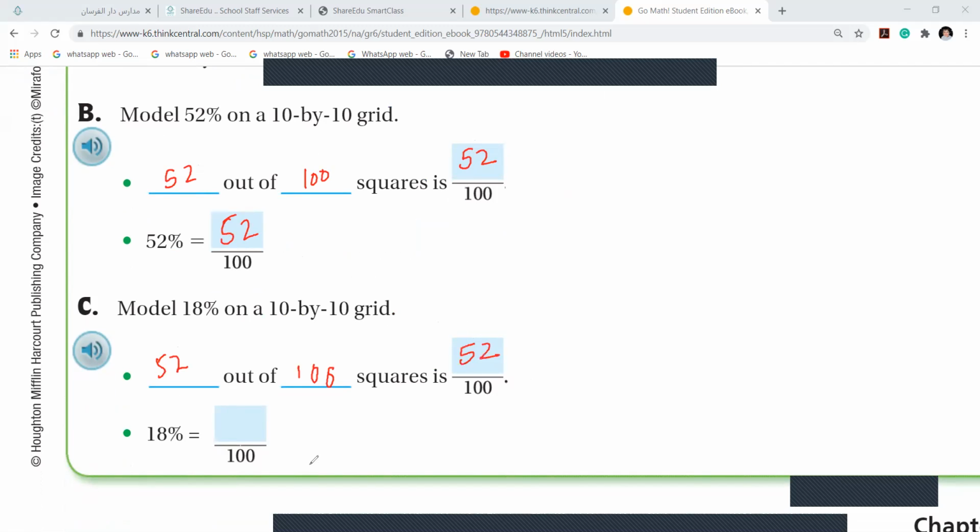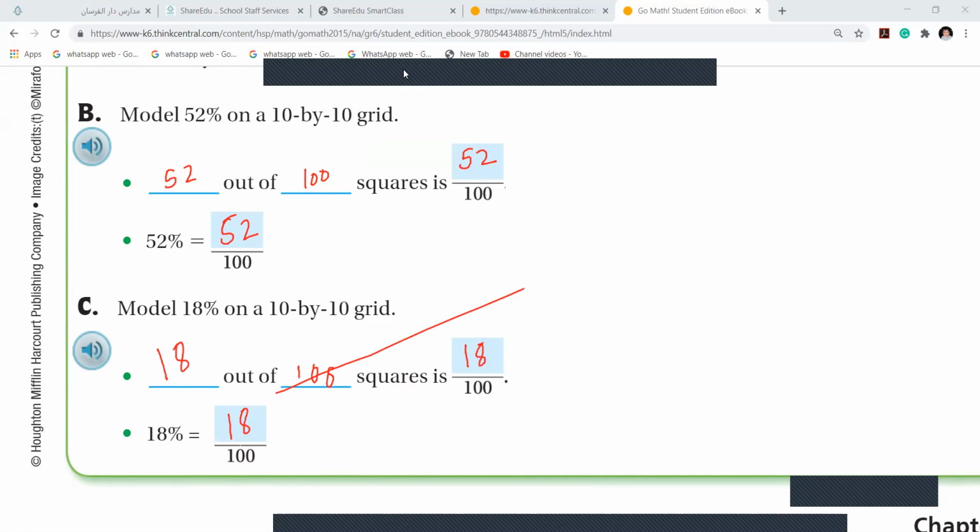Again, 52 out of 100, and next is 18%. They're giving you the next question. Sorry, girls. They gave us 18. So it's 18 out of 100, 18 over 100.